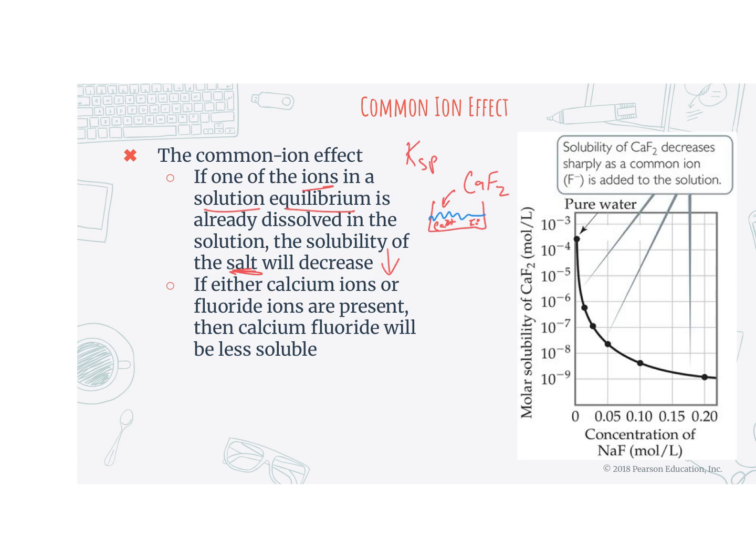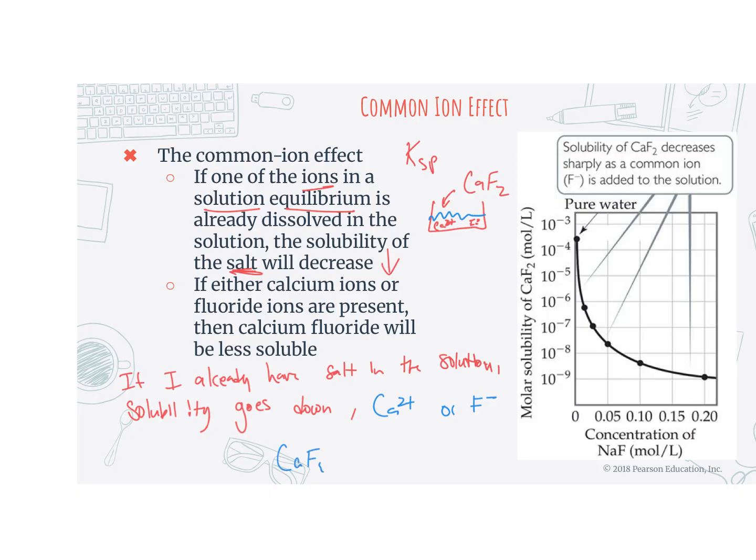In other words, if I already have salt in the solution, the solubility goes down. And so in this example, if I have either Ca2+ or F- in that solution, then the CaF2 is less soluble compared to if I had pure water.